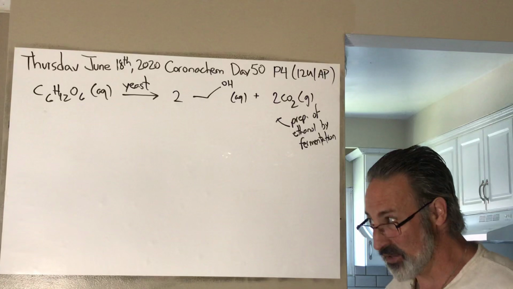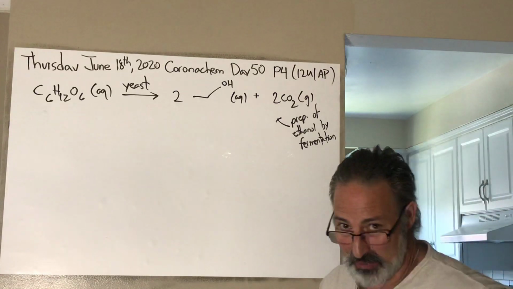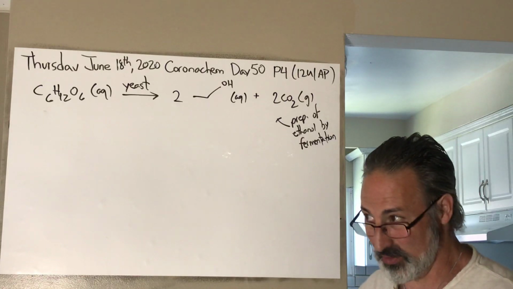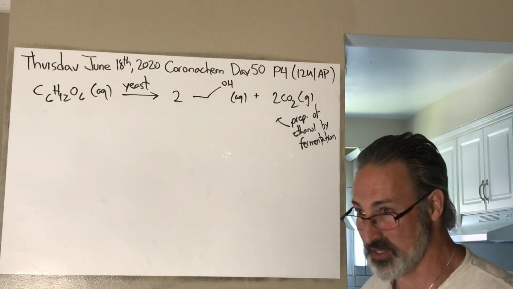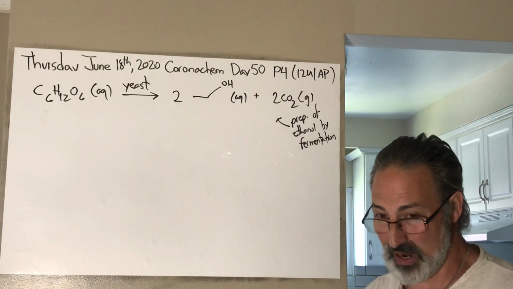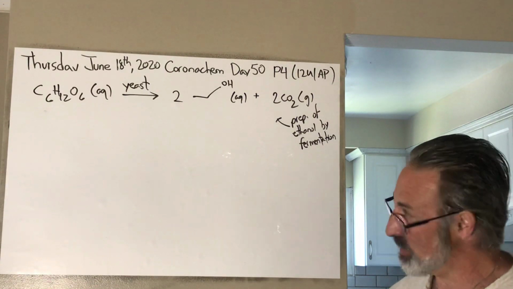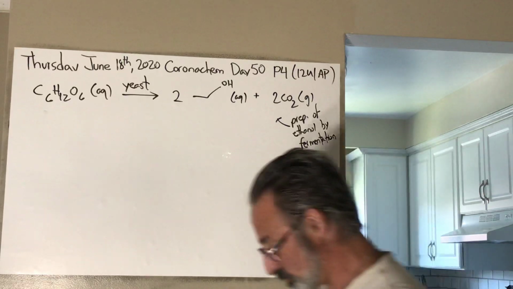But funnily enough, the antidote to methanol poisoning is a whole bunch of ethanol. So the antidote is to drink a whole bunch of ethanol so that it crowds out the methanol from your receptor sites, and it gives your kidneys time to excrete it before it poisons you.